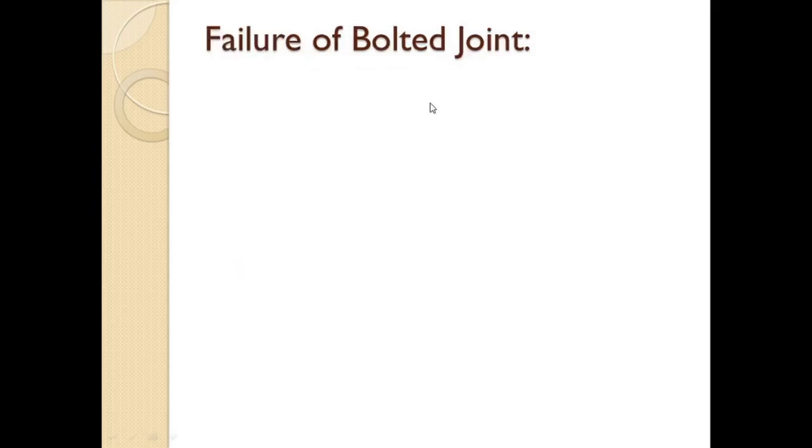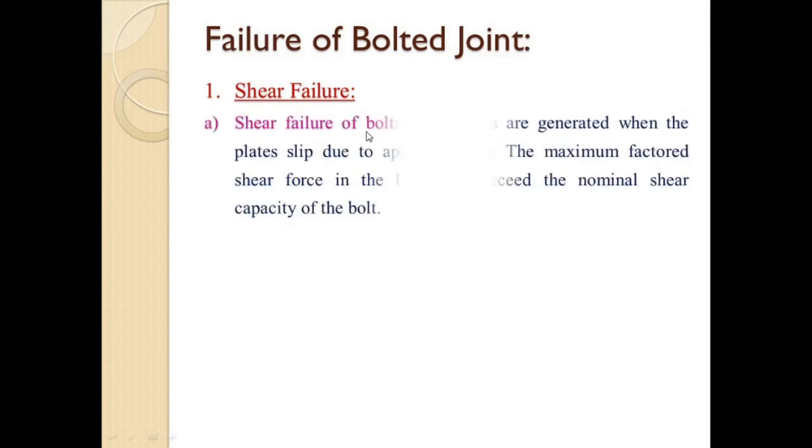Next is the failure of bolted joints. There are generally three types of failure that happen in bolted joints: shear failure, tension failure or tensile failure, and bearing failure. Again, shear failure is of two types. First is shear failure of bolt, and second one is shear failure of plate.